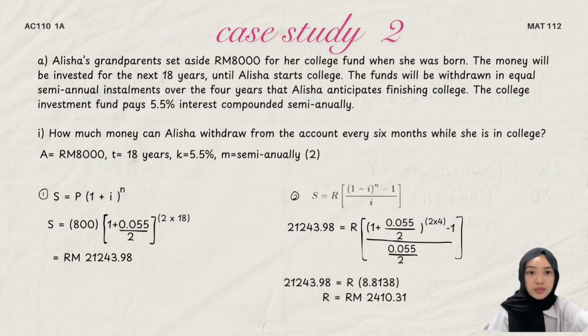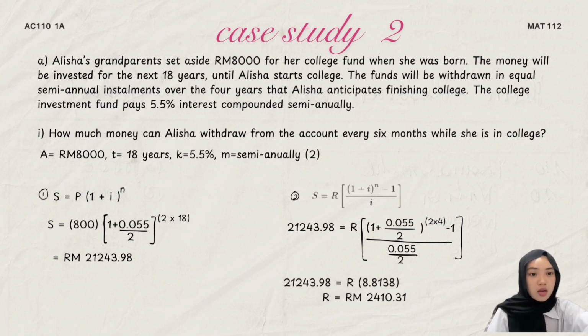Step 2. To find the money Alicia withdrew from the account every 6 months while she is in college, we need to use the formula S equal to R multiplied by ((1 plus i) to the power of n minus 1) over i. As we already know, S is equal to 21,243 ringgit and 98 cents.